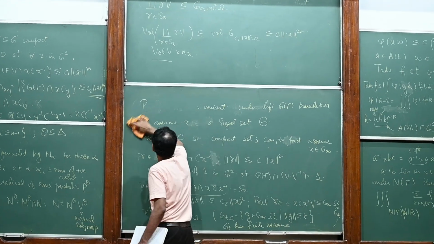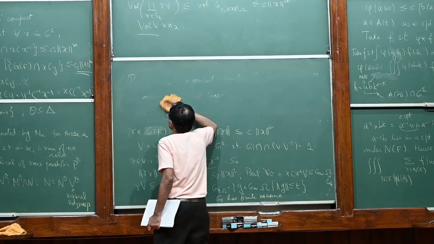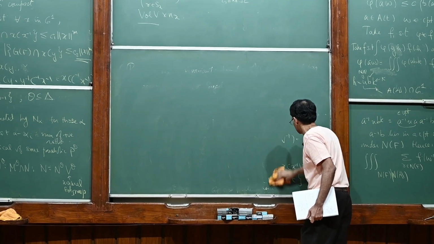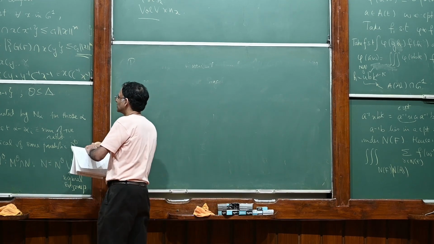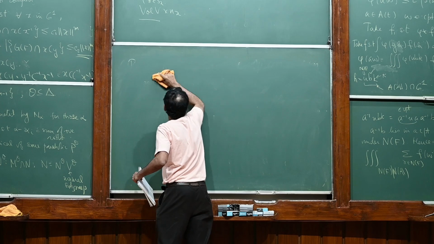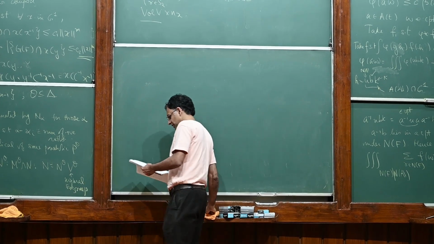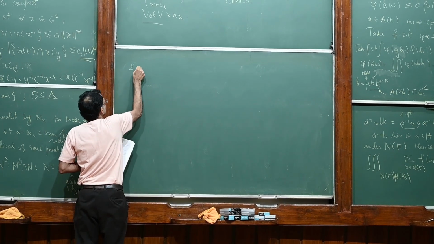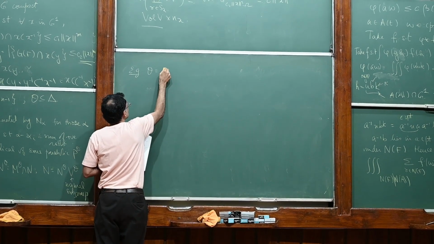It's all very concrete. For GL3 there are just two roots, alpha 1 and alpha 2. So what are the possibilities for theta? For example, I can of course take theta to be the empty set.